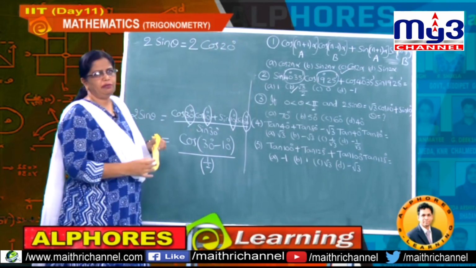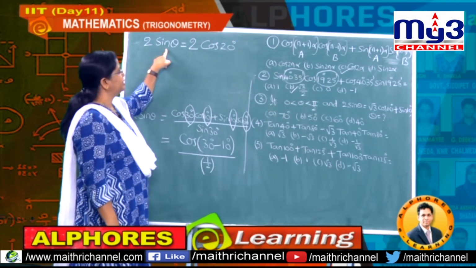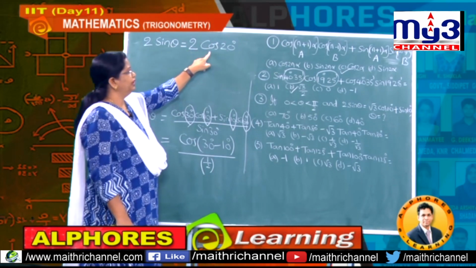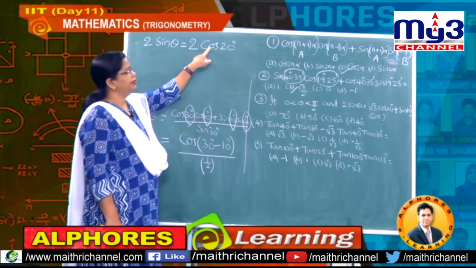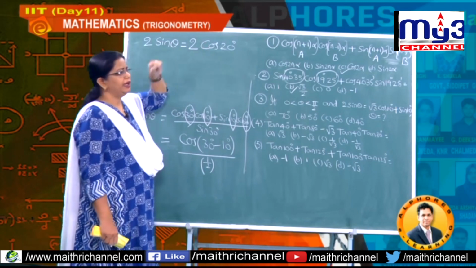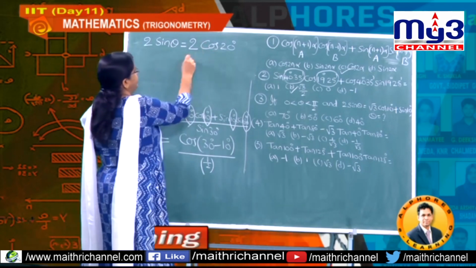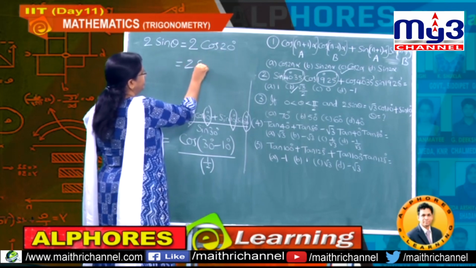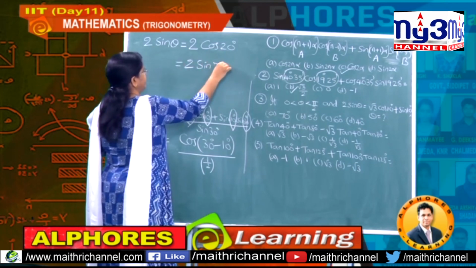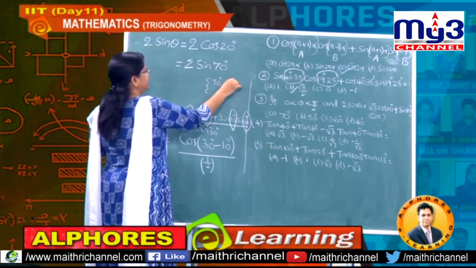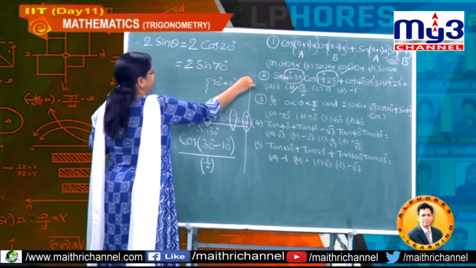Now what is the problem you got? This side you are having sin, whereas this side you got cos. We want this as sin. How to reduce cos to sin? Just make use of the complementary angle. Here 20 is there, and if you subtract it from 90, that is sin 70 degrees. 70 plus 20 is how much? 90, complementary angle.